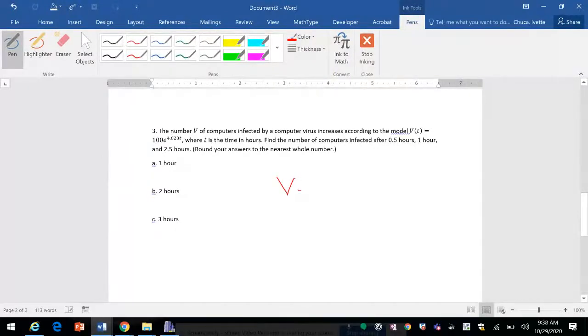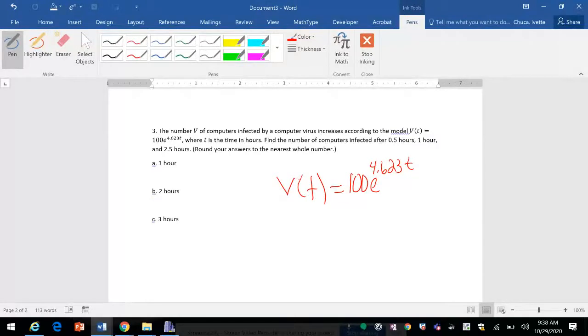So V of t is equal to 100e to the 4.623t. And they want us to find the number of computers infected after 0.5 hours, 1 hour, and 2.5 hours, and round your answers to the nearest whole number.